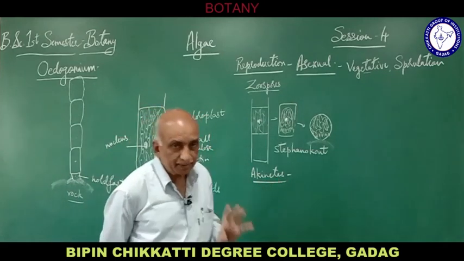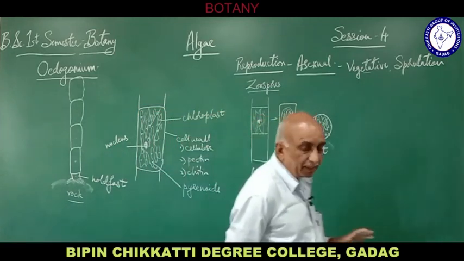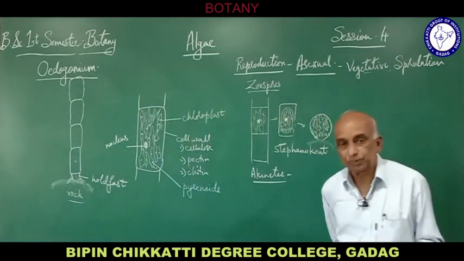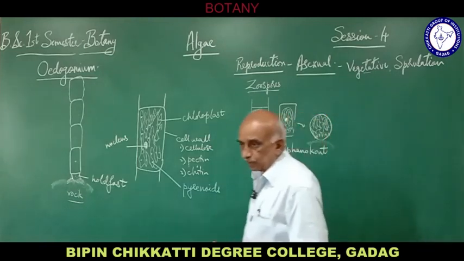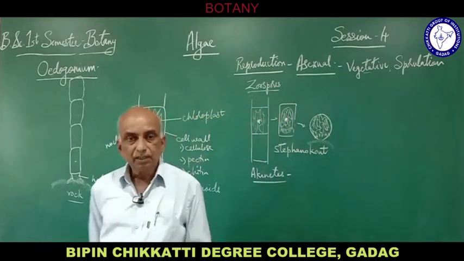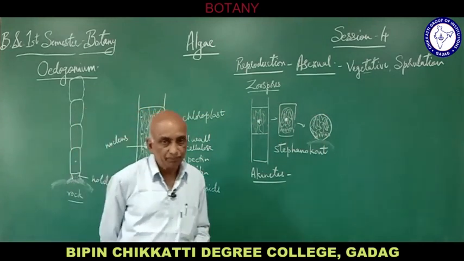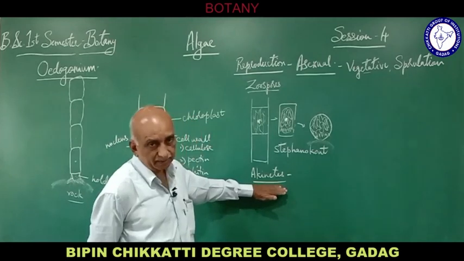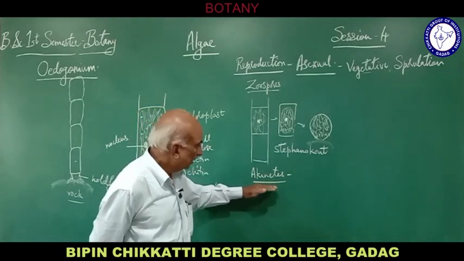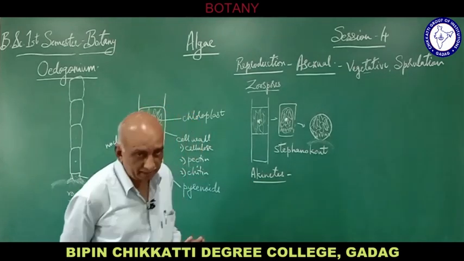The presence of CO2 will affect the production of zoospores. But when the conditions are not suitable for growth, some of the cells in the filament develop into akinetes.